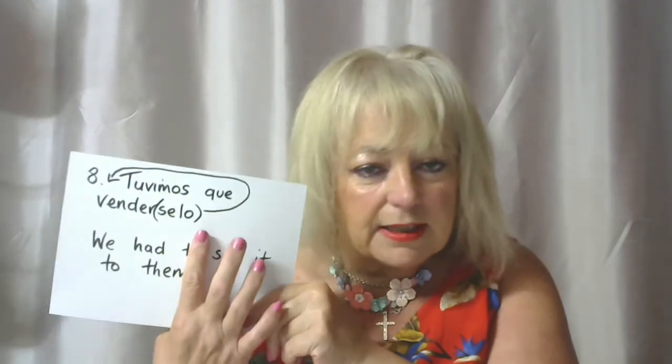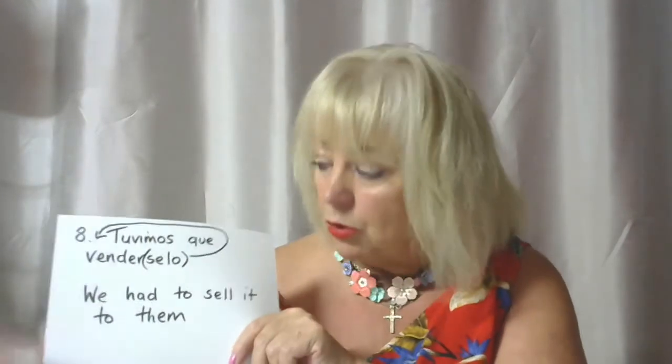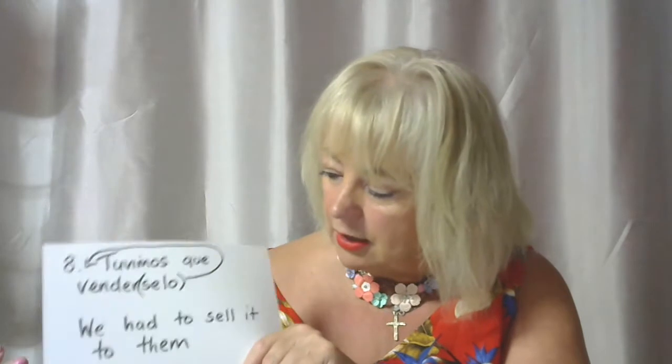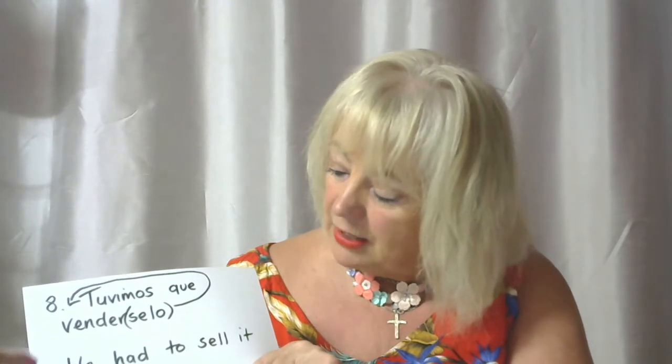Either it has to go before the conjugated verb or be tagged on to the infinitive. So we had to sell it to them. So you choose which is easier for you to remember.